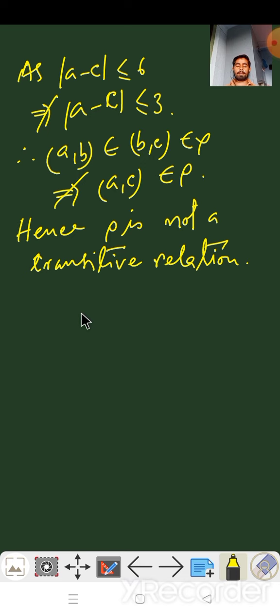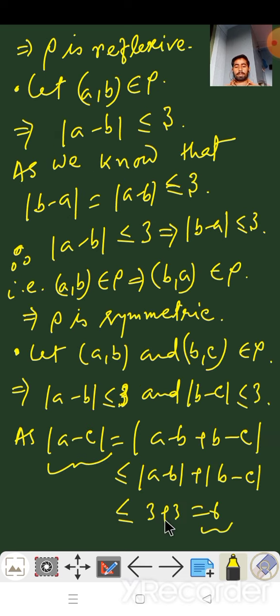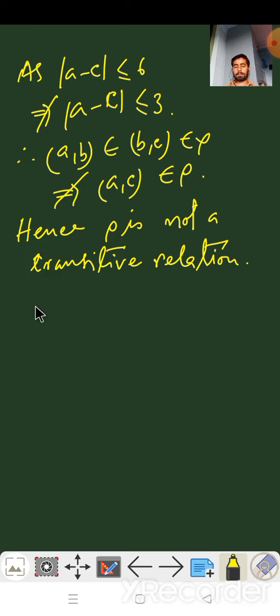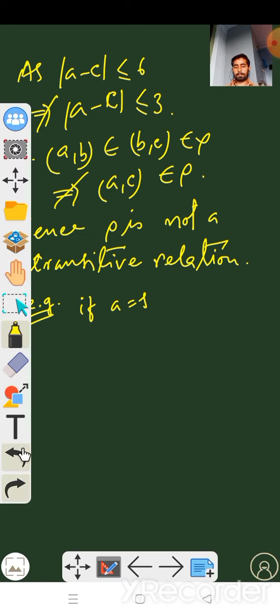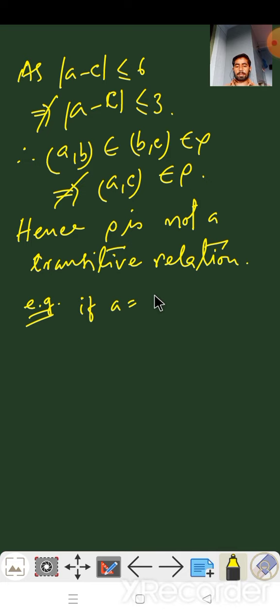We can verify the transitivity by assuming a, b, c in Z, for example, if we take a equals 5, b equals 3, and c equals 1.